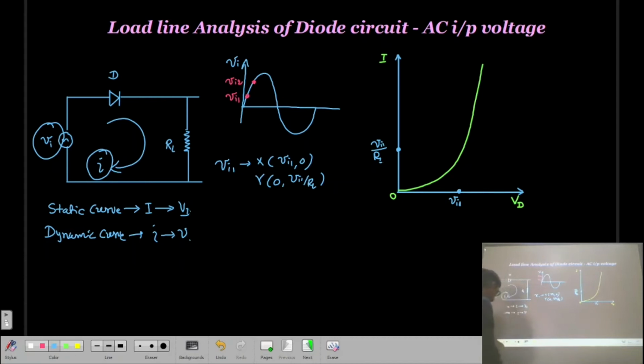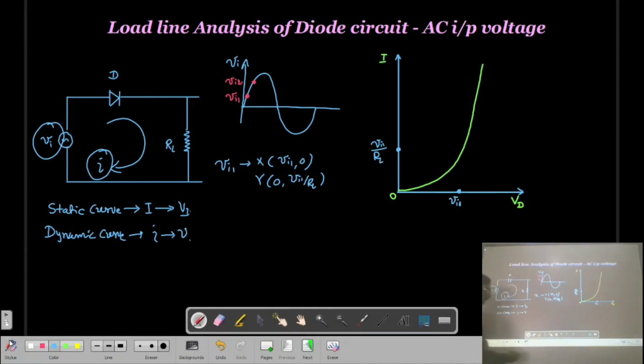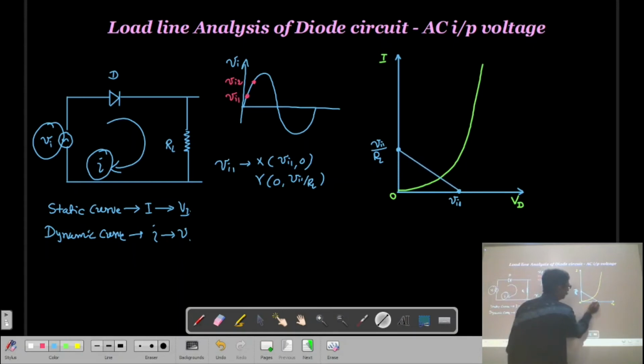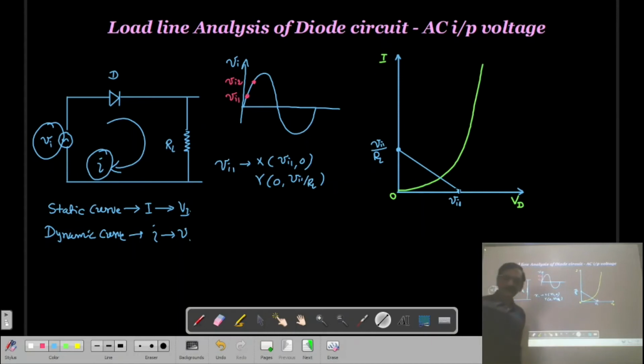If we join these points, that will give you the load line. So draw this line for one of the input voltages, that is Vi1.